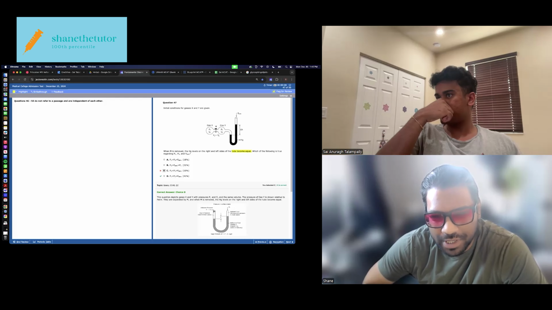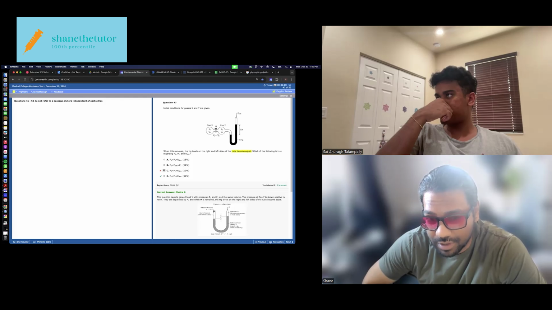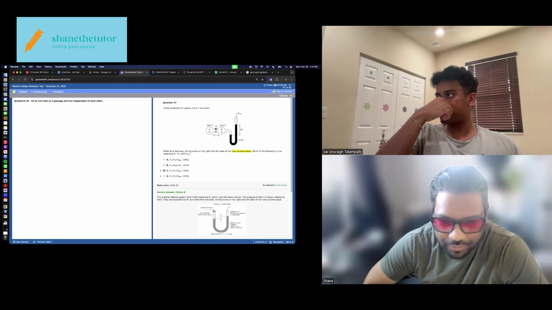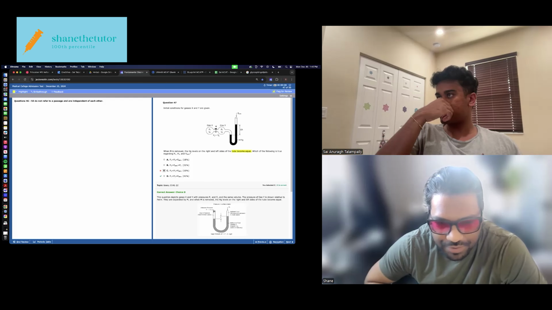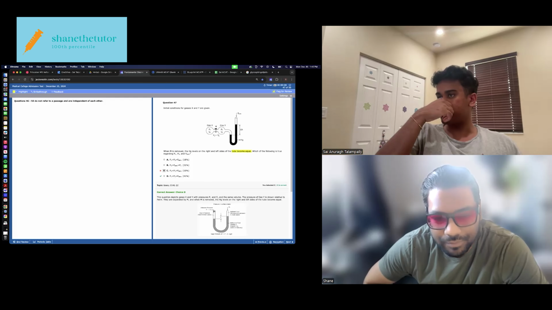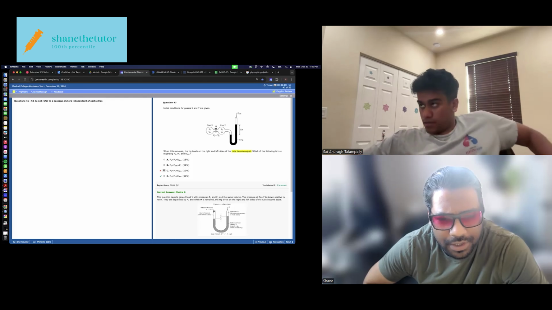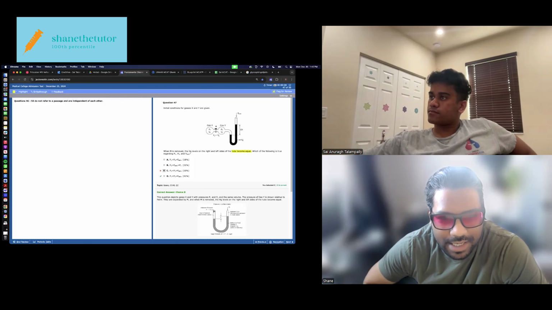The part on the right is open to the atmosphere, and from the fact that the liquid level is higher on the right, we know that the pressure from the left is going to be larger than the atmospheric pressure, right? Okay. Then we have gas X, P1, V1.